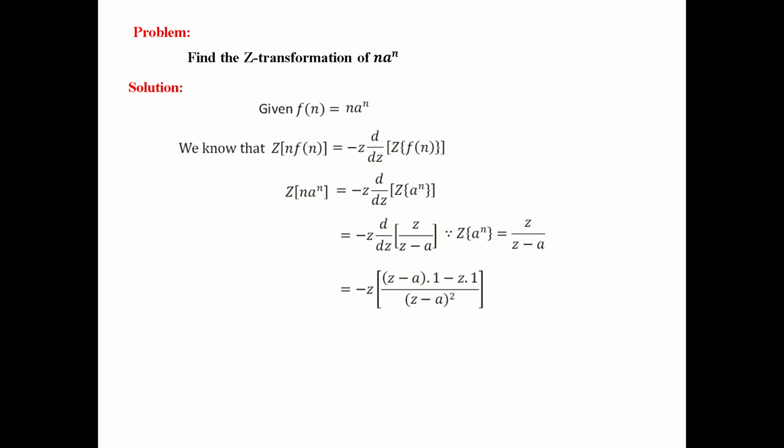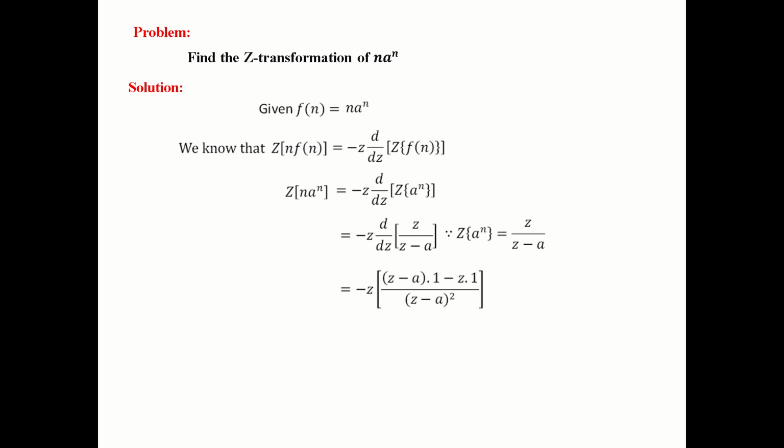So first, minus z into, here v is nothing but z minus a and u is nothing but z. Now v squared in denominator, so z minus a whole square, then v, which is z minus a, into the derivative of u, derivative of z with respect to z, that is 1.